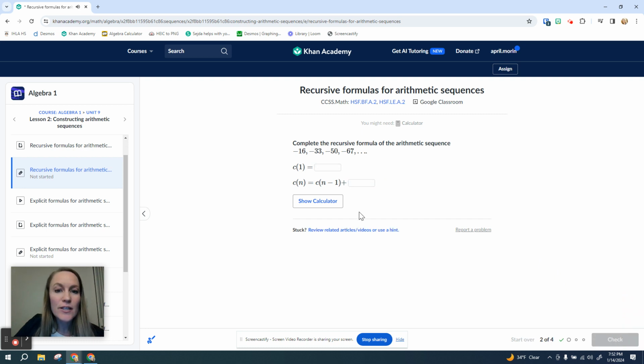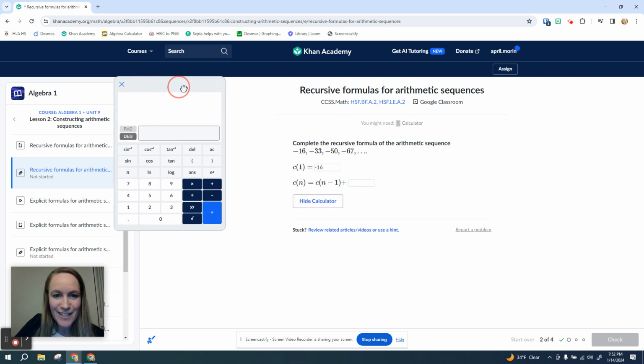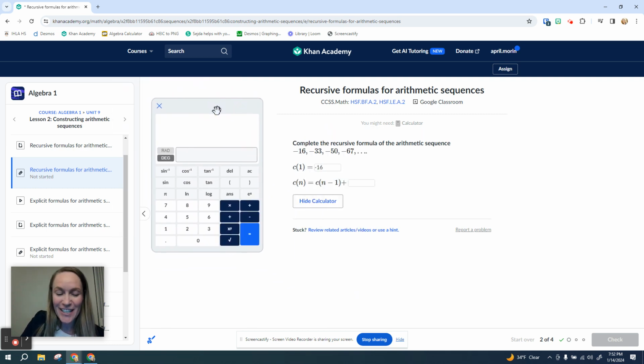All right. So this is just like a big puzzle, right? These are sequences. Okay, the first term is negative 16. All right. Now, what is the pattern? Okay, look, you can even cheat. There's even a calculator, right? Let's find out what the difference is between negative 33 minus 16, right?